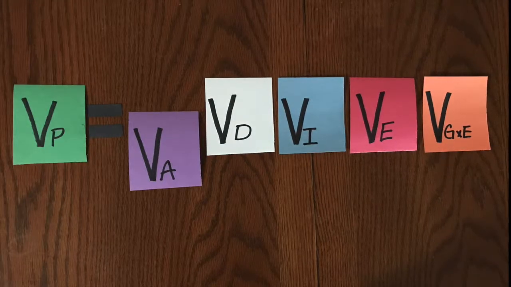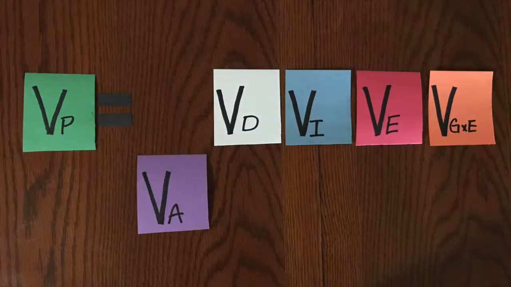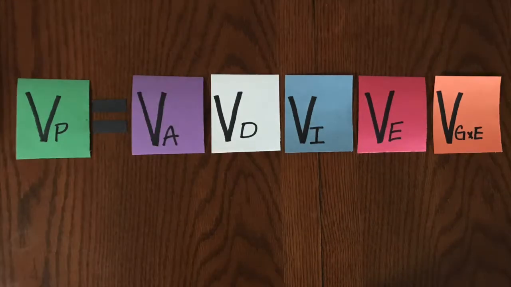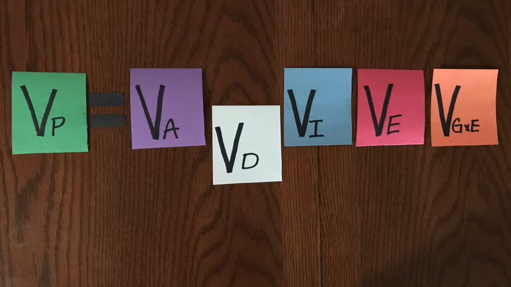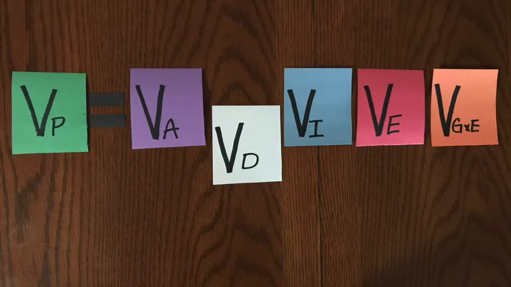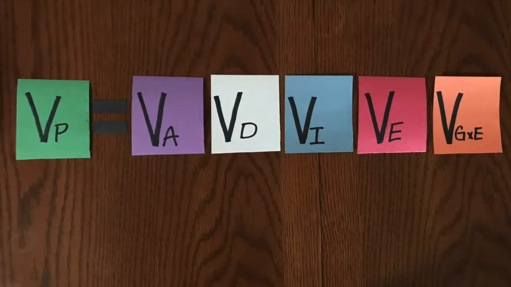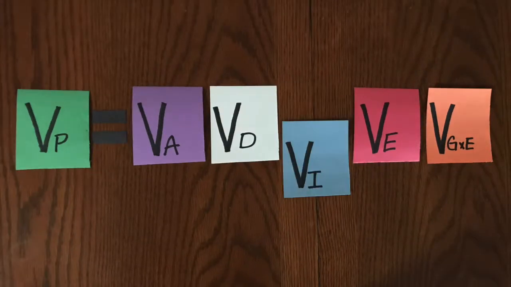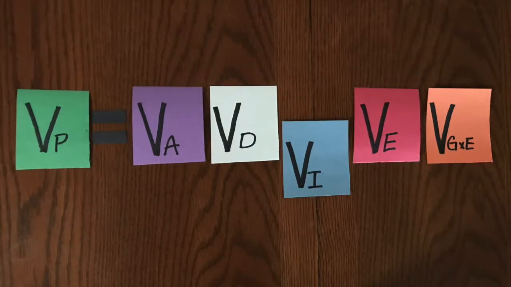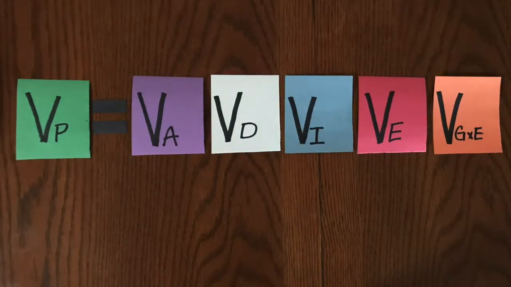Comprising this is VA, the additive genetic variance, which consists of the additive effect of genes on the phenotype. VD is the dominance genetic variance, in which genes have a dominance component, which in turn means they would not be additive. VI is the genetic interaction variance, where genes at different loci may interact in the same way that alleles at the same locus interact.